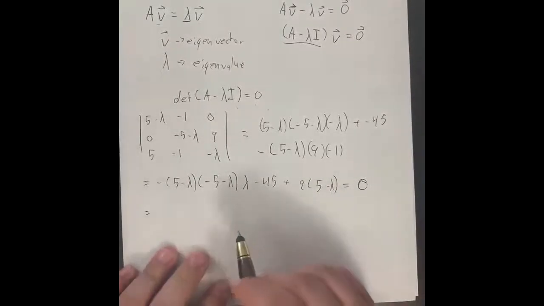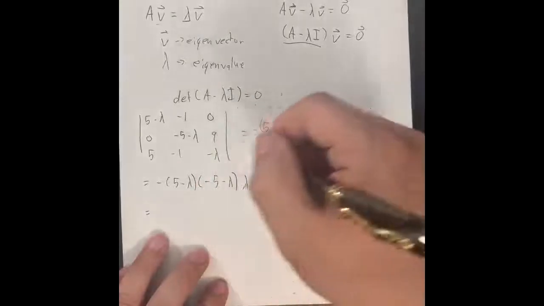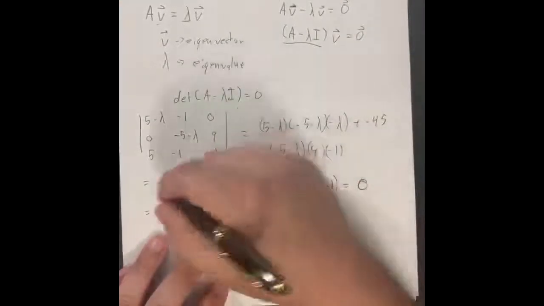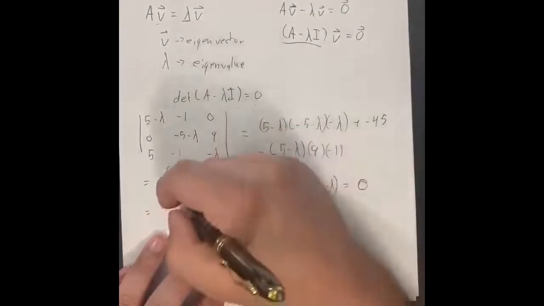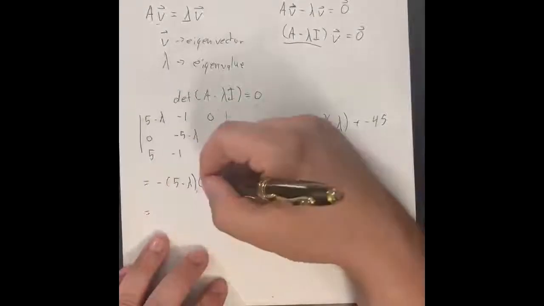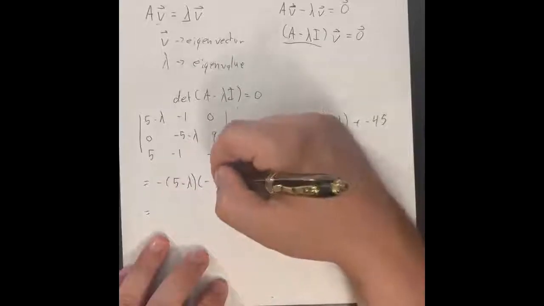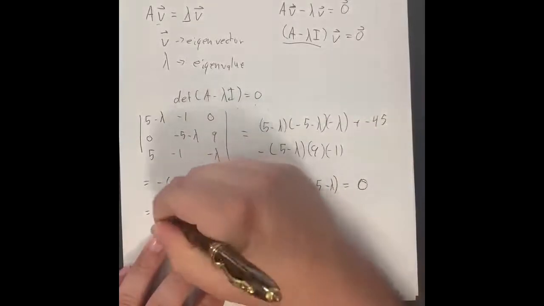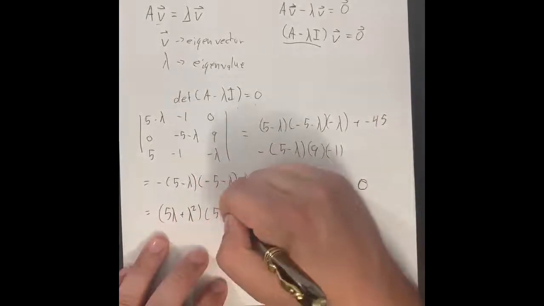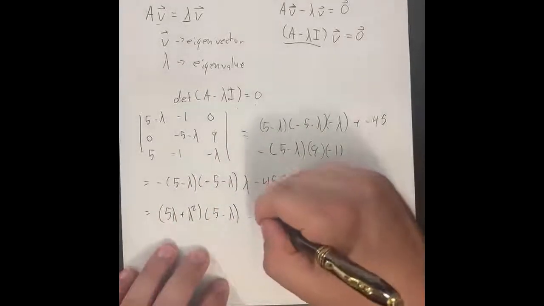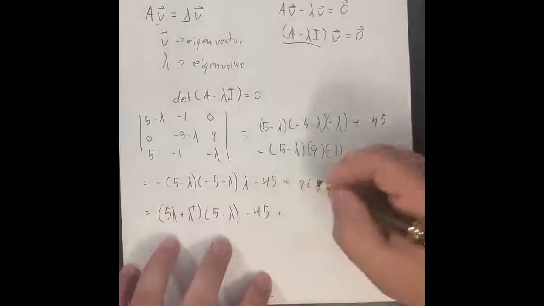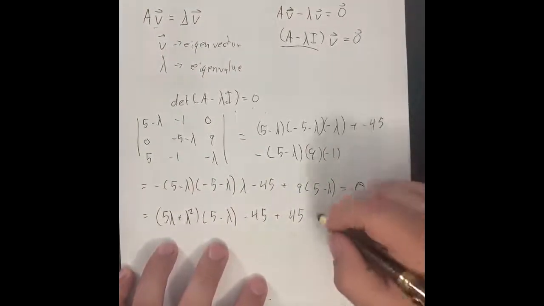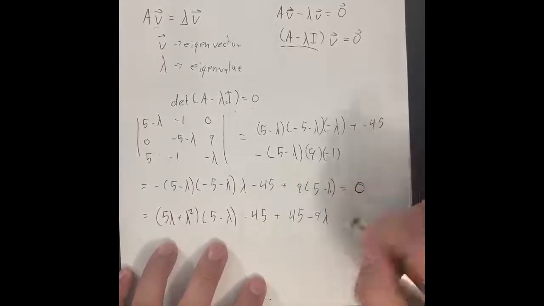This minus is going to be plus 5 plus lambda times lambda. So we have 5 lambda plus lambda squared times 5 minus lambda, minus 45 plus 45 minus 9 lambda.